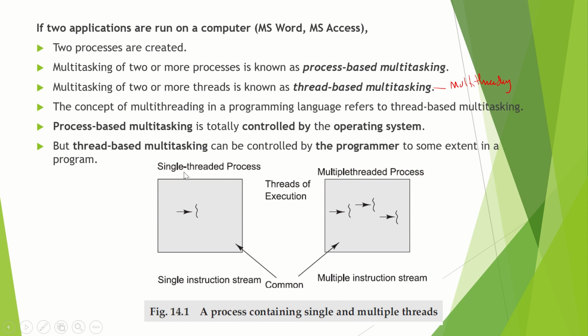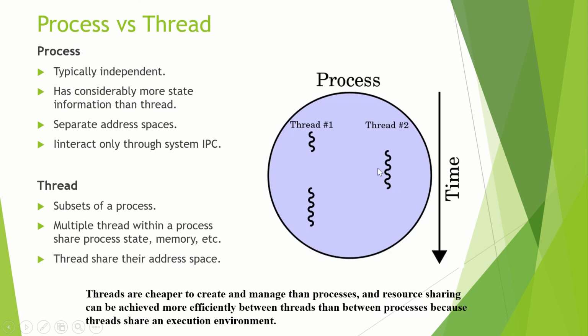As I mentioned before, a process can have one thread, or a process can have multiple threads, 1000 threads whatsoever. It is a single instruction stream if one thread, and a multiple instruction stream for multiple threads. So a thread is a smaller unit of a process. You can divide a process into a number of threads.